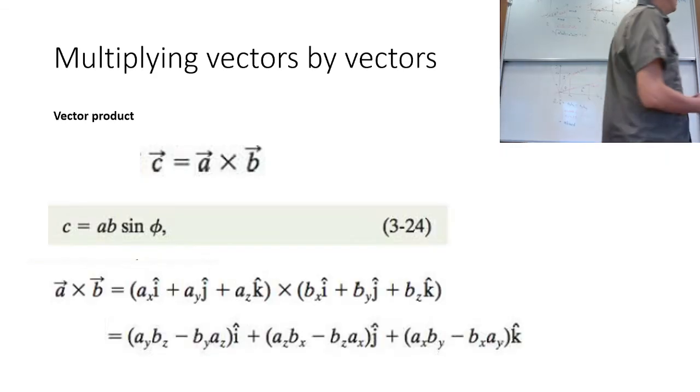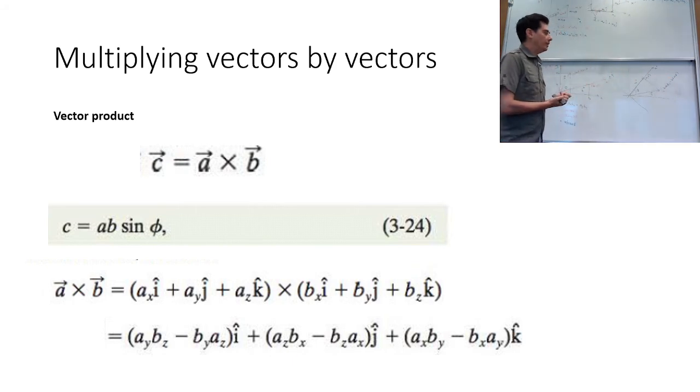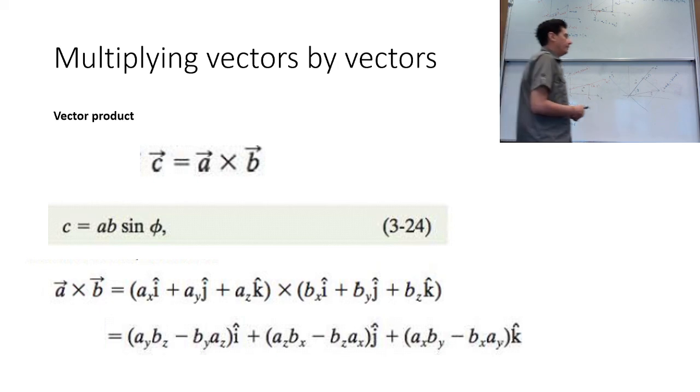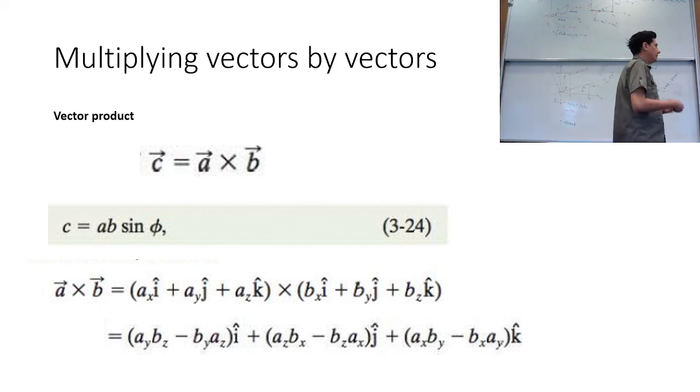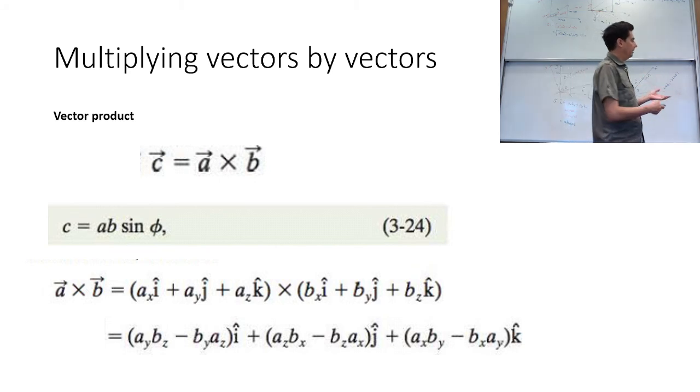Okay. All right, and then finally we get onto this vector product, or cross product sometimes it's called. And again, this has sort of the fundamental definition, which is actually not really 3.24. I would say that the real definition of the cross product, vector product, is actually this thing down here.